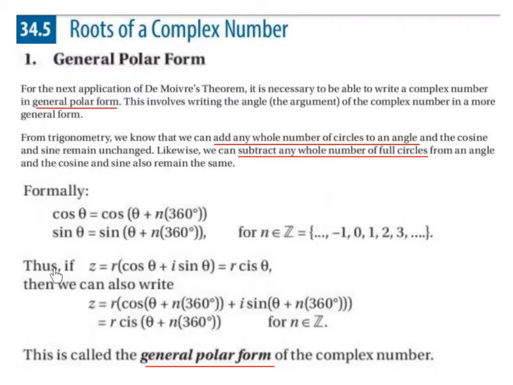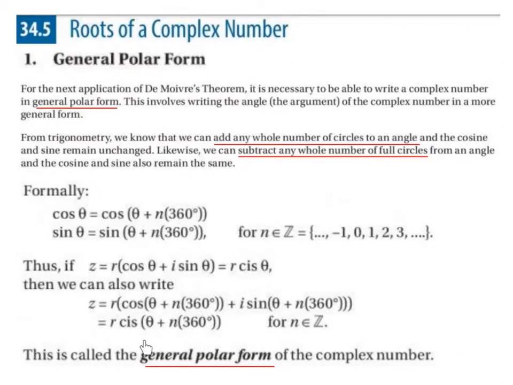Thus, if z is equal to r times cos theta plus i sine theta, then we can also write z equal to r times cos of theta plus n times 360 degrees plus i sine of theta plus n times 360 degrees, for n an element of the integer set.